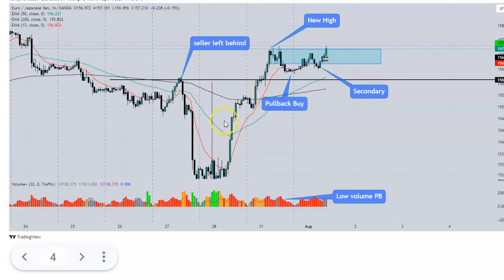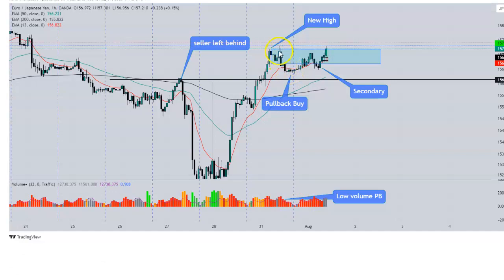So there's no way that we could participate in this kind of market. Only when it breaks above, leaves the seller behind, leaves the volume behind, creates a new high, it starts to pull back in the 1 hour. And as we can see in the pullback, we have low volume, which is really good.